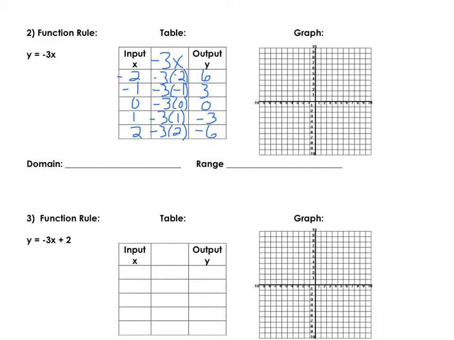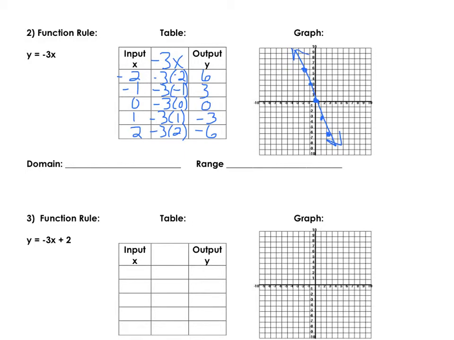So I'll go over to -2, up to +6, and over to -1, up to +3, and over 0, 0, right in the middle at the origin, over 1 down to -3, and over 2 down to -6. And we always connect our points, and we know that we did this correctly because our points gave us a straight line.